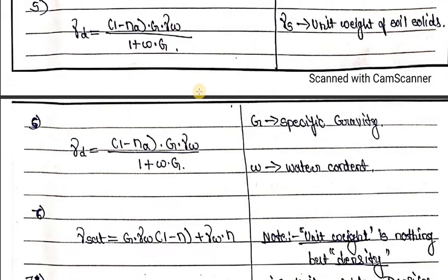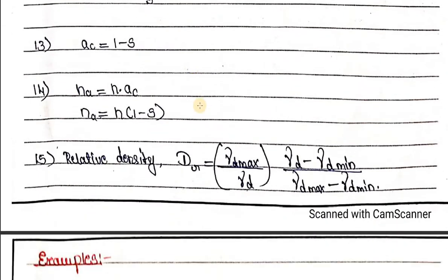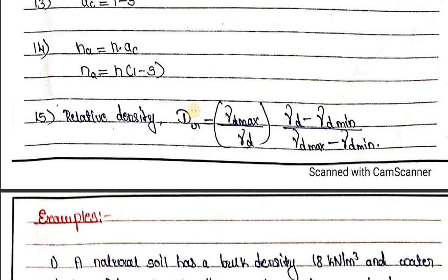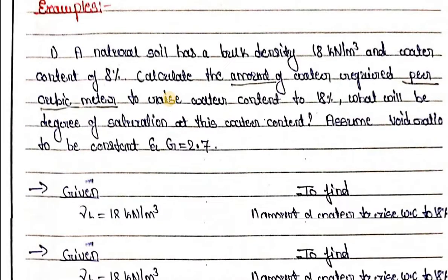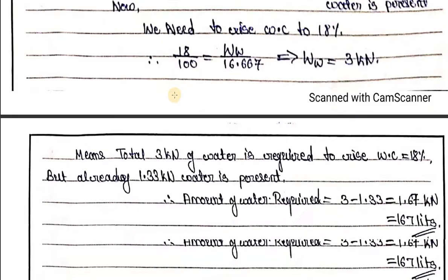You are going to get the list of formulas in the notes. Remember, you must be very thorough with these formulas, because while solving problems these formulas are very useful.